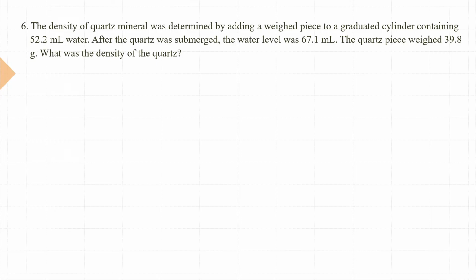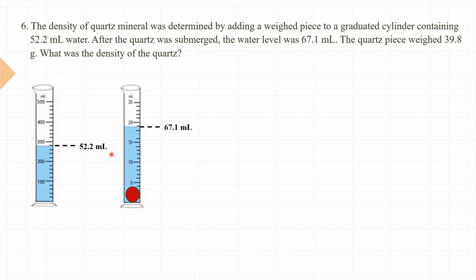This question is very similar to the previous one. Quartz mineral is dropped into a graduated cylinder, and its mass is given as 39.8 grams. We need to calculate the density of the quartz. Initially the cylinder is filled to the 52.2 milliliter level, and after we drop the quartz mineral, the water level rises up to 67.1 milliliters. Then the displaced volume is final volume minus initial volume, that is 14.9 milliliters.